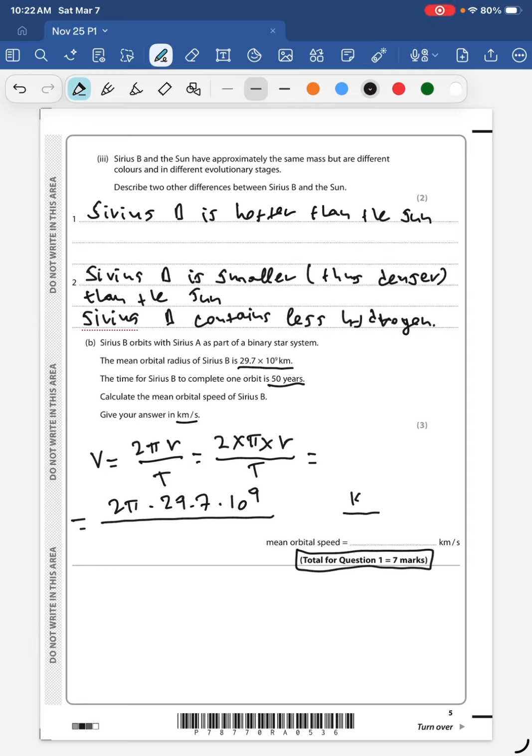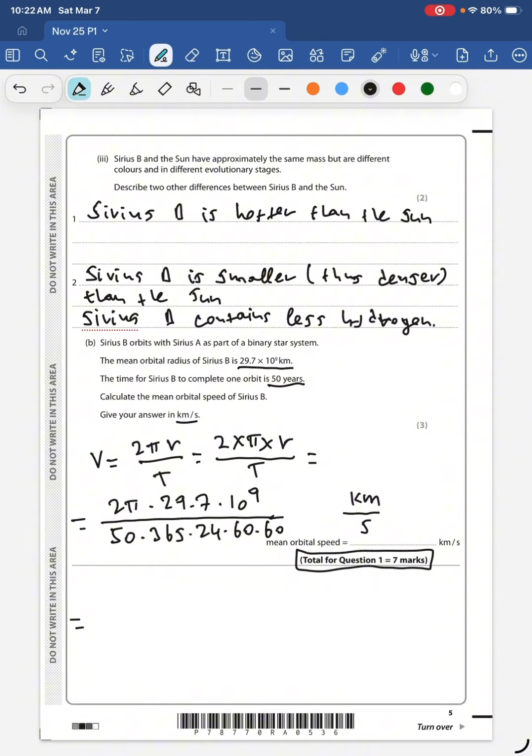So the units in the top expression are kilometers. In the denominator we have 50 years, and 1 year has 365 days, 1 day has 24 hours, 1 hour has 60 minutes, and 1 minute has 60 seconds. I put my seconds down there to the right.